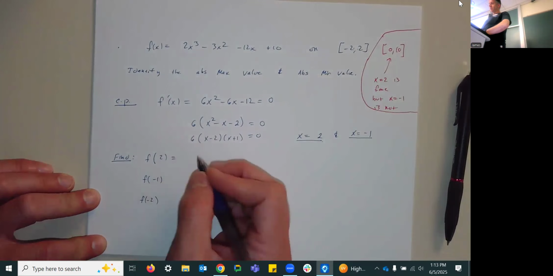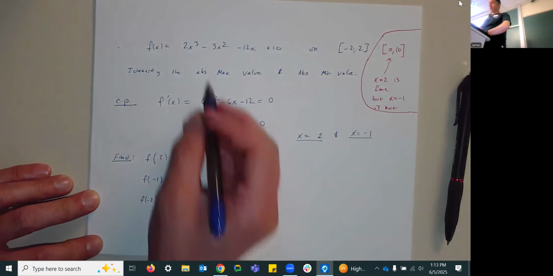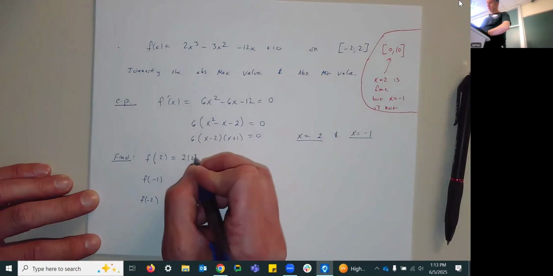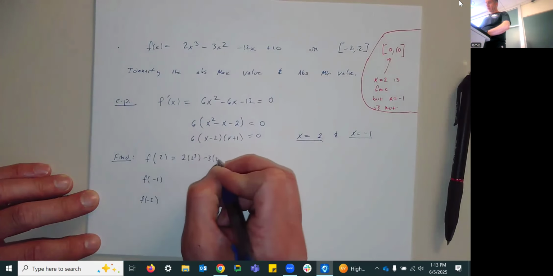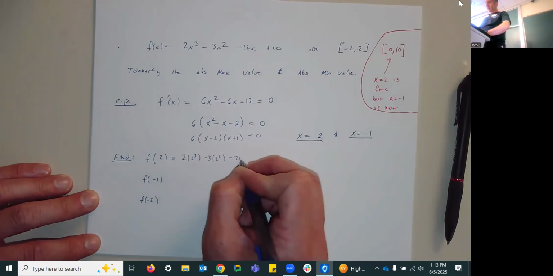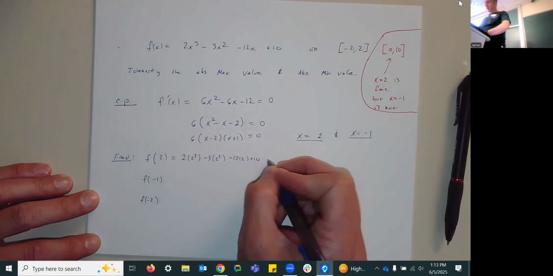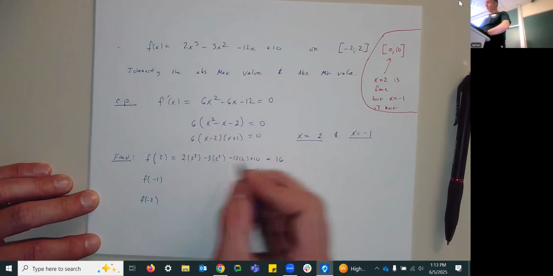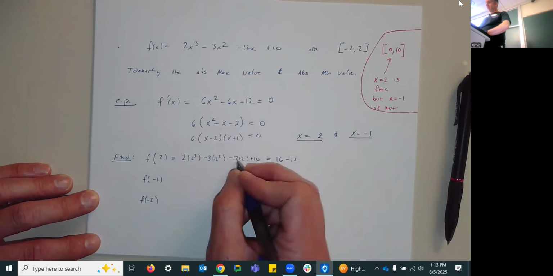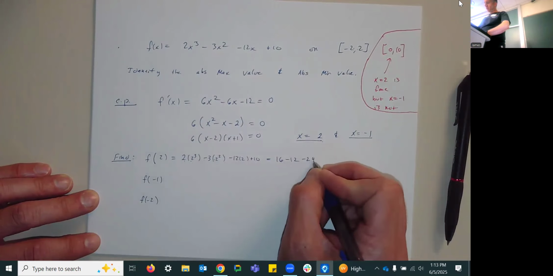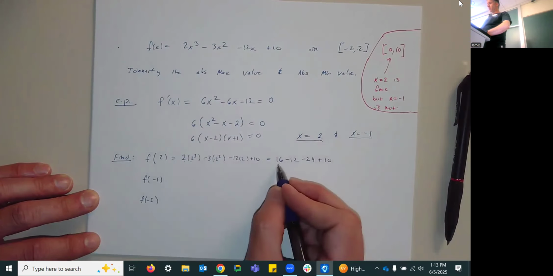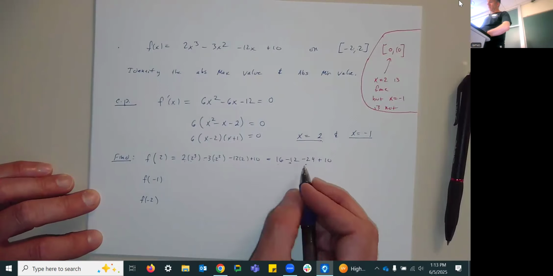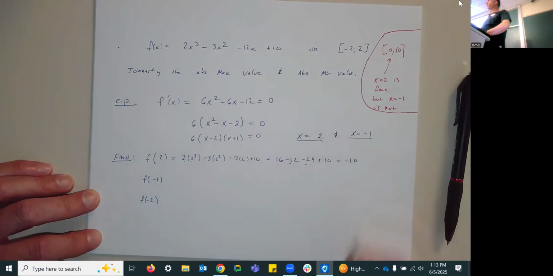F of 2, we have to go back and plug into the original function. So it's going to be 2 times 2 cubed minus 3 times 2 squared minus 12 times 2 plus 10, which is 2 times 8 minus 3 times 4 minus 12 times 2 plus 10. So 16 minus 12 is 4. 4 minus 24 is negative 20. Plus 10 is negative 10.